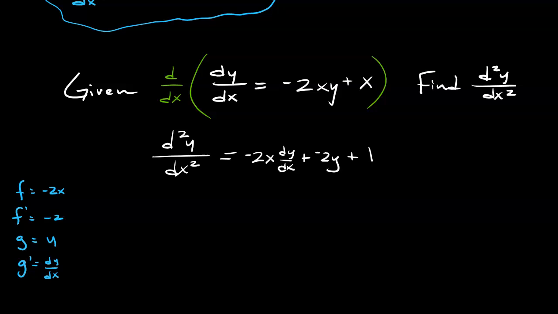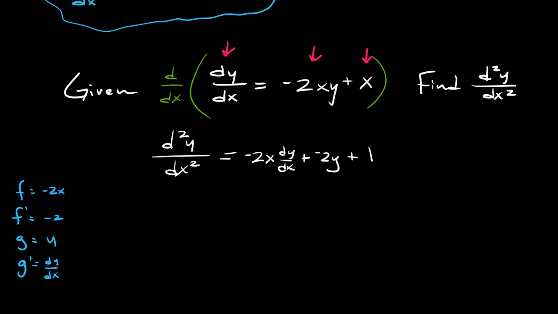The derivative of dy/dx is d squared y/dx squared. The derivative of negative 2xy is honestly the only one that has work. The derivative of x is 1. So for the derivative of negative 2xy, everything there is being multiplied, so I have to do product rule.